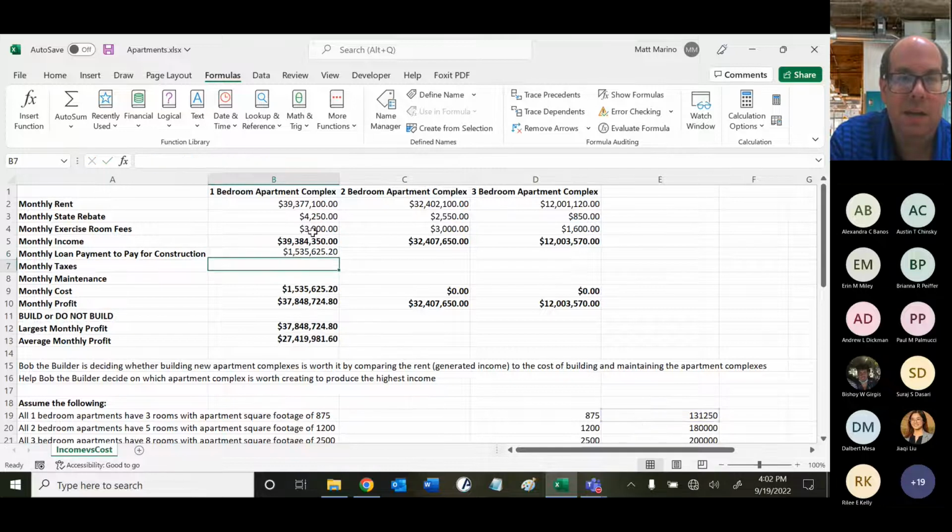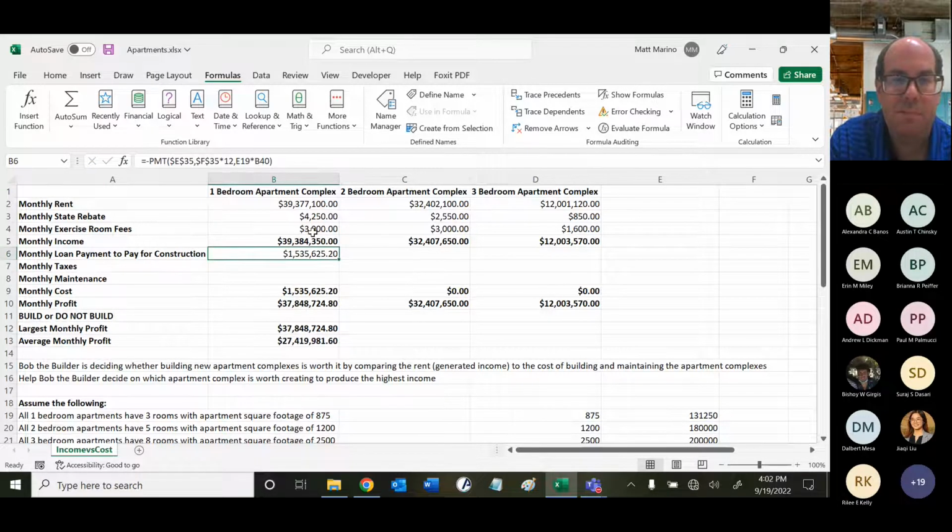So now when you click enter, that becomes a positive number. So it should be equals negative sign PMT, absolute of E35, comma, absolute of F35 times 12, comma, E19 times B40.